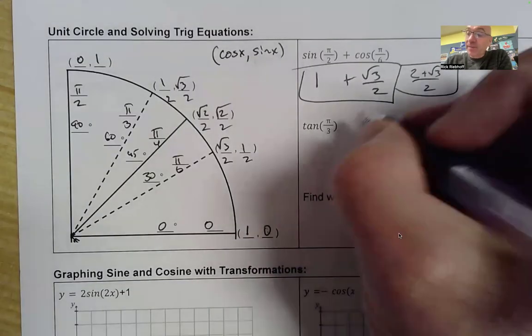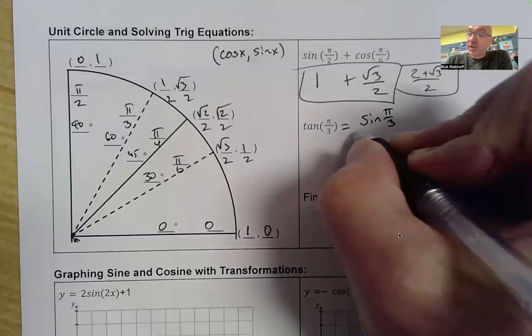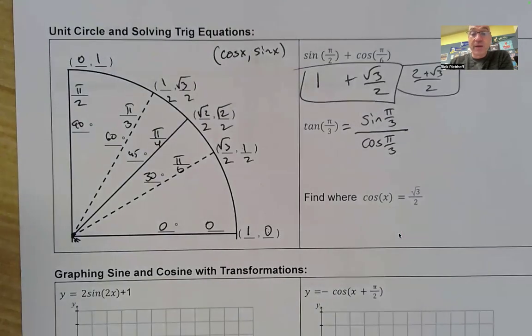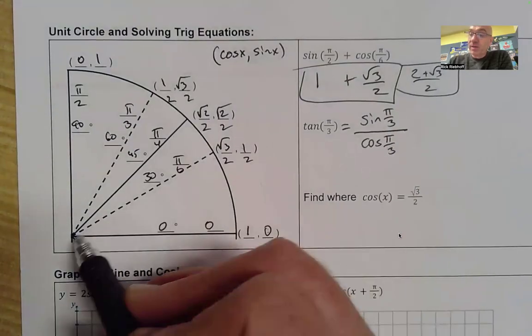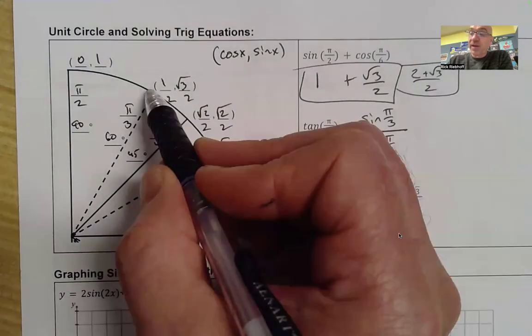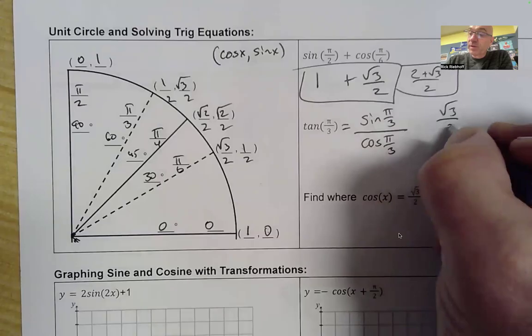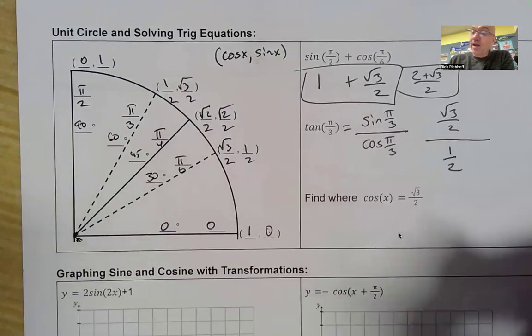All right, tangent at pi thirds. Remember, that is sine at pi thirds divided by cosine at pi thirds. Kind of a tricky one. I'm going to go to pi thirds right here. Oh, sorry, that's pi sixths. Pi thirds right here. Sine is root 3 over 2, divided by cosine there, which is 1/2.